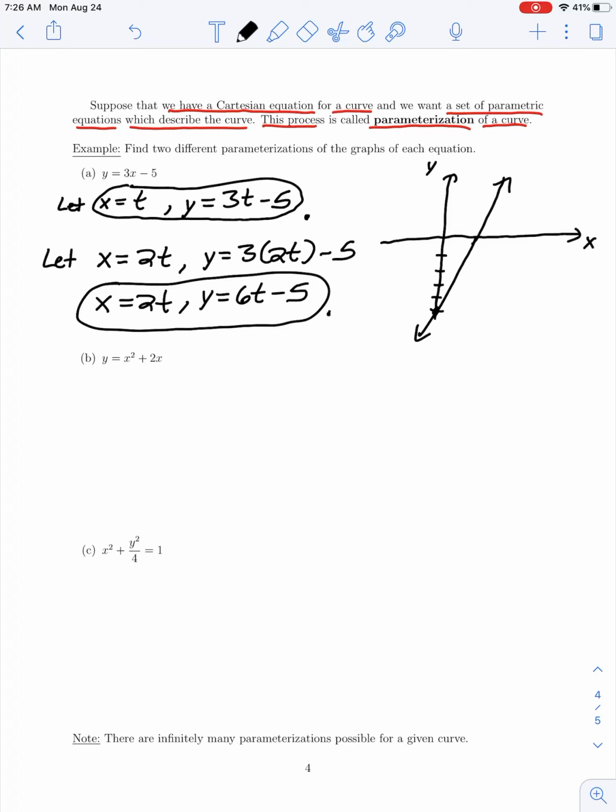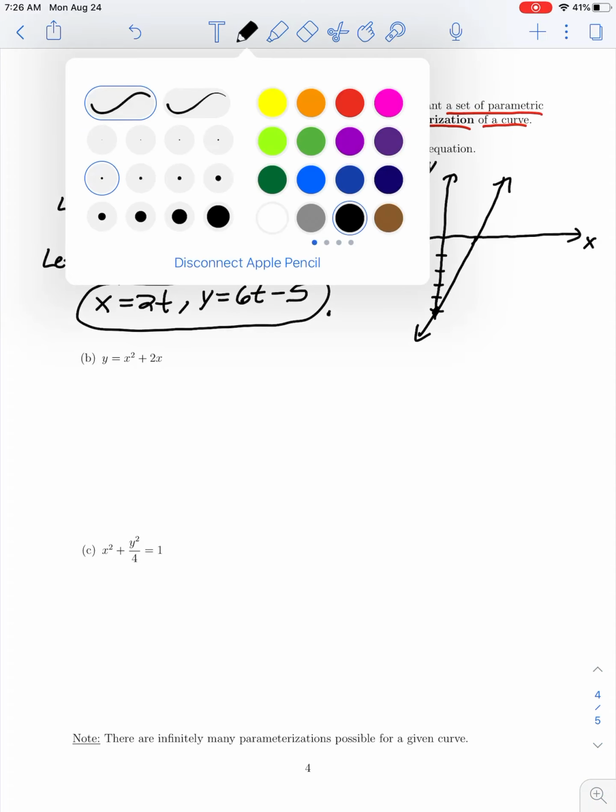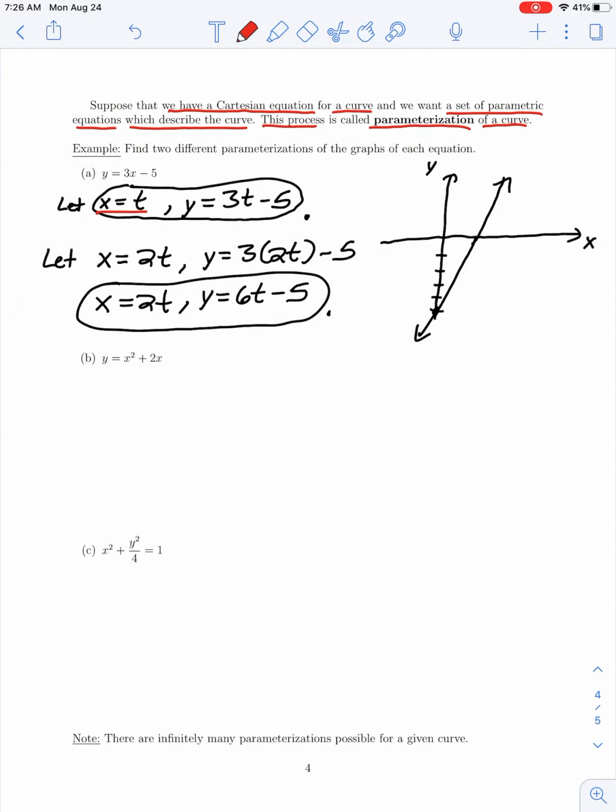So our first parameterization of this line, where x is t, y is 3t minus 5, well, as t ranges over all real numbers, we're tracing out this entire line. And as t is increasing, x is increasing, and so is y. So we're moving in this direction along our line.